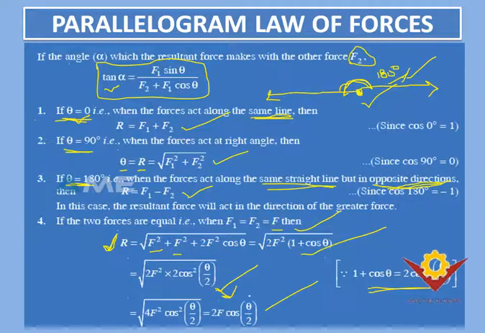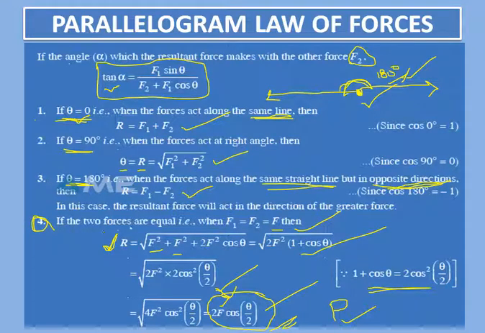This formula is very important for all the competitive exams. Here it is asked in terms of F, the force given as F, but in previous competitive exams they gave the force as P, and the options will be like 2P cos theta by 2. Don't get confused with this. And this one is very important, when two forces are equal, then what is your resultant?